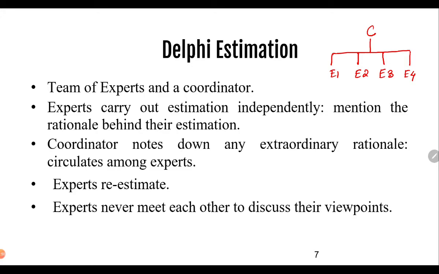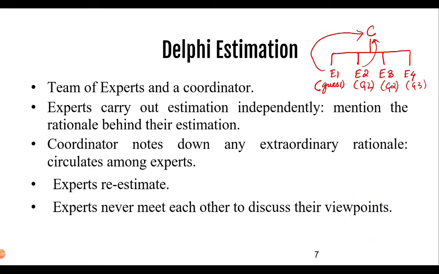The estimations would be done by each expert based on the expert technique, that is his guess. And they will report back to the coordinator. So the coordinator will note down any of the extraordinary rationale which circulates among the experts.